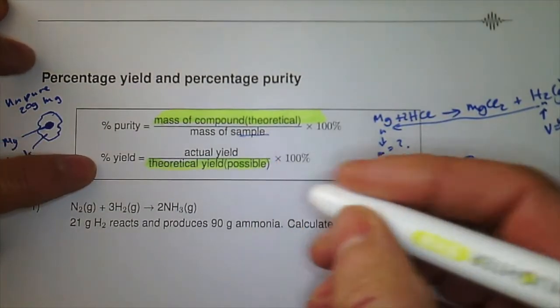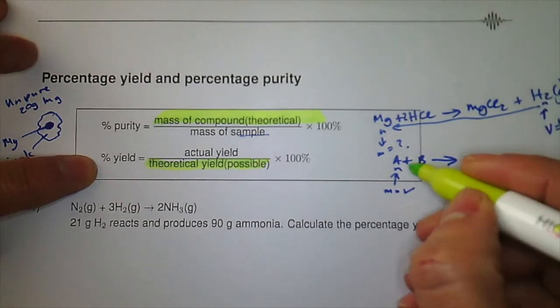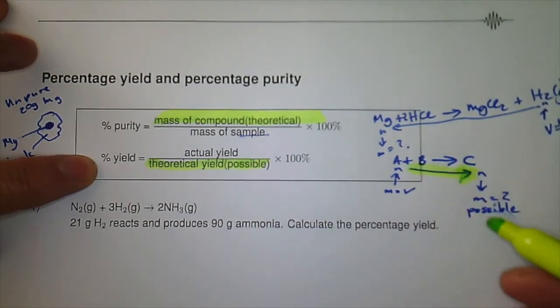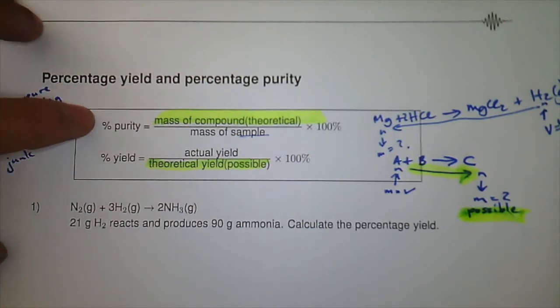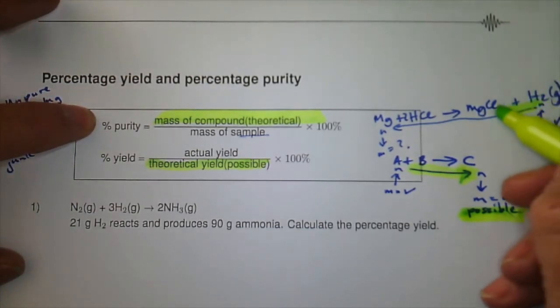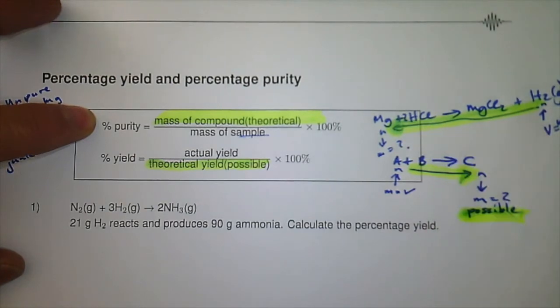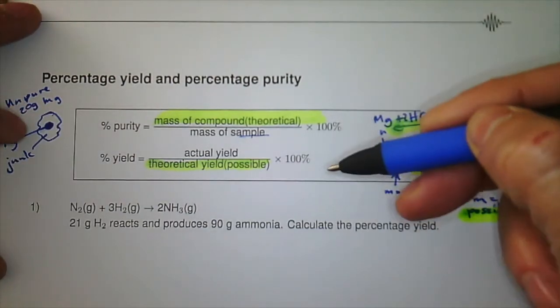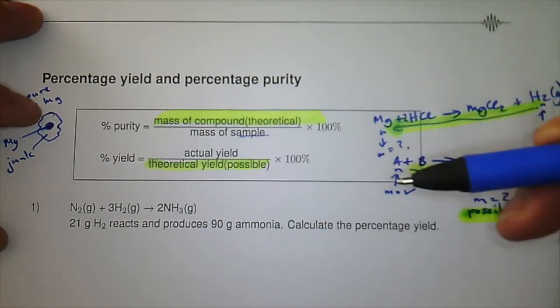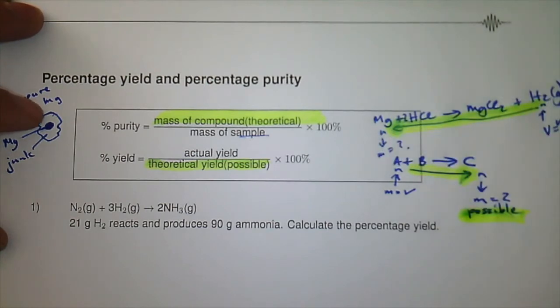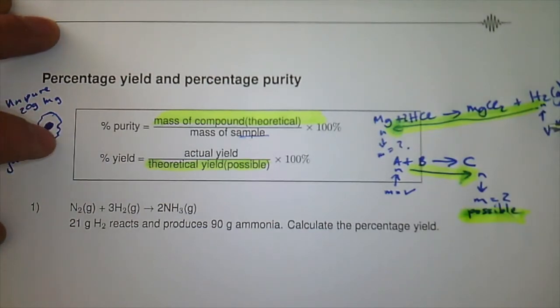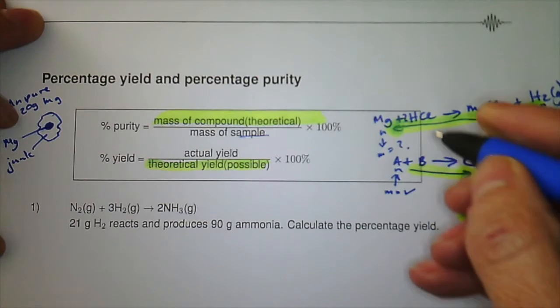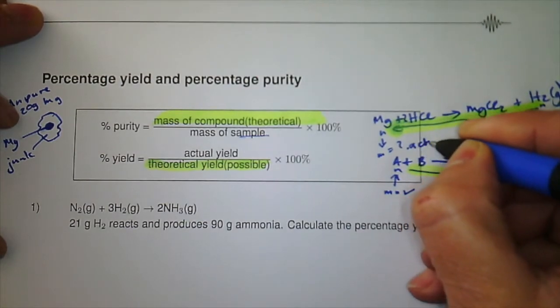So with percentage yield, you're going to work from left to right because you work out what is possible, right? While with percentage purity, you're going to work back because you did this experiment to determine how much magnesium was present, because only the magnesium could produce the product. So you're working back and then you're getting the actual, right?